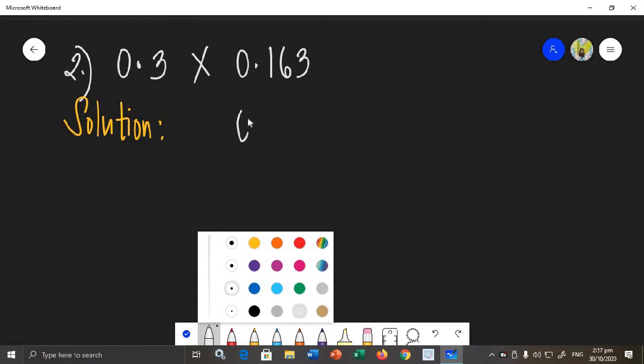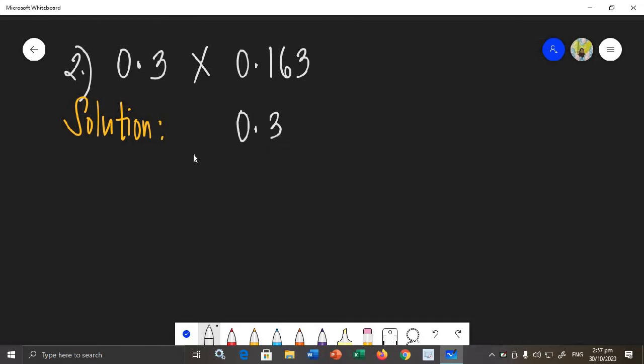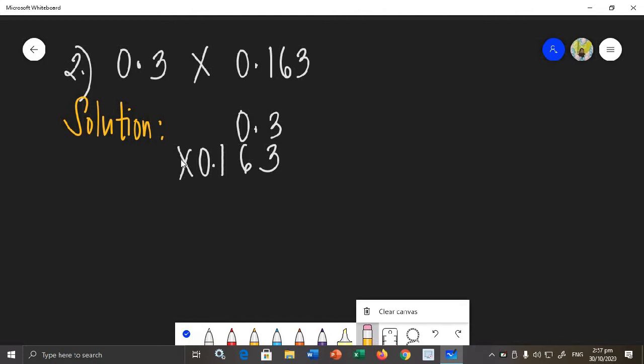So if I'm going to write this, 0.3 times, yan, ganyan yung mangyayari. So, as much as possible, yung mga last numbers, yung mga nasa dulo, sila yung dapat may katapat. Okay lang na walang katapat yung mga nasa unahan.